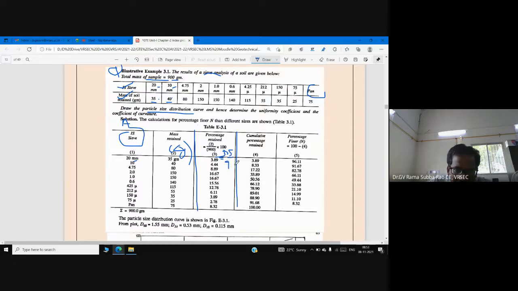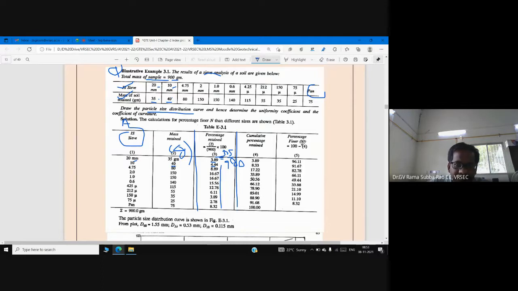So 35 by 900 gives 3.89. Now the second one, 40 by 900, because the total mass of the soil sample is 900, gives 4.44. Similarly, we calculate the percentage retained in the same way for the remaining sieves.